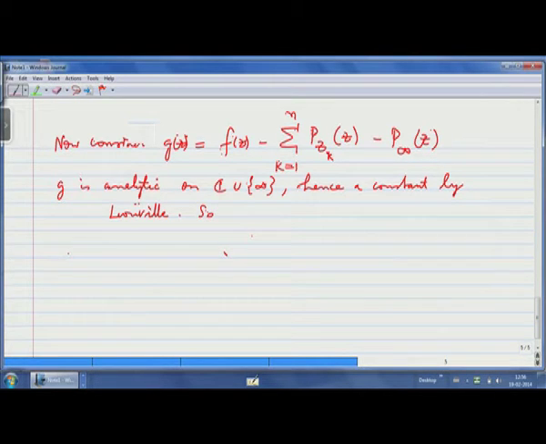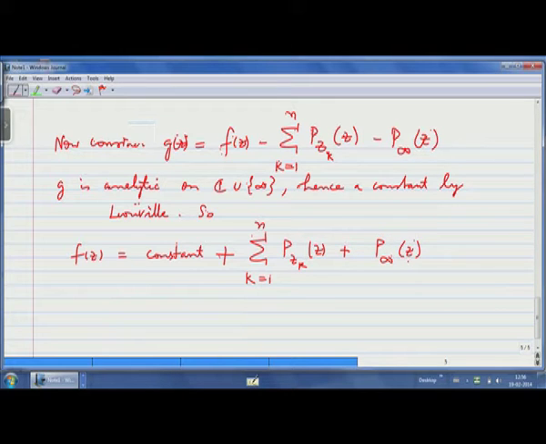So f(z) is equal to a constant plus the sum from k equals 1 to n of p_zk(z) plus p_infinity(z), which is meromorphic on the extended plane, and that is the proof of that theorem.